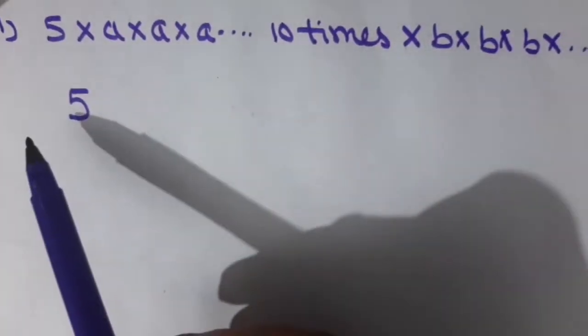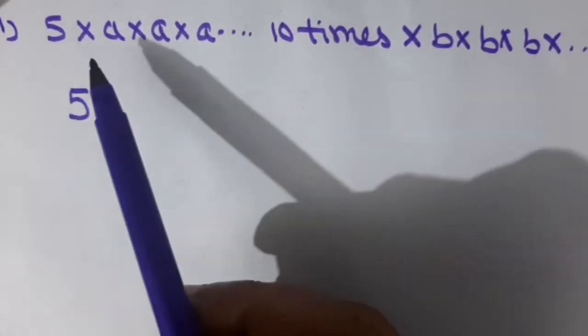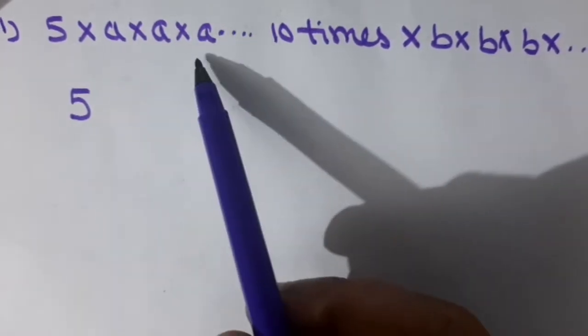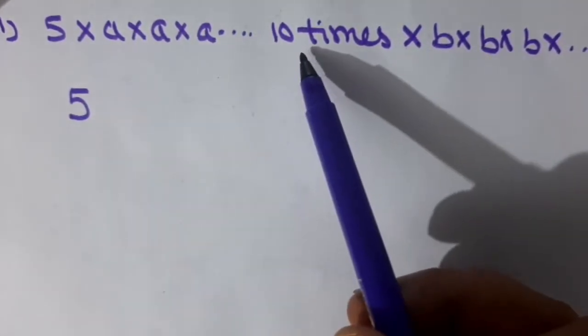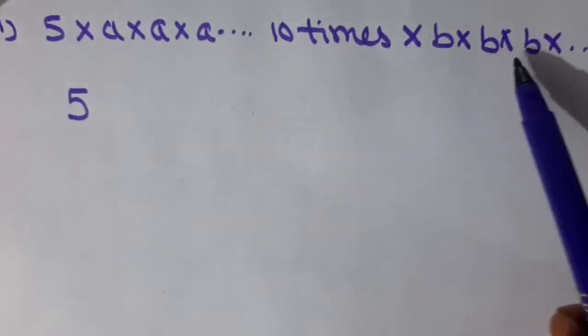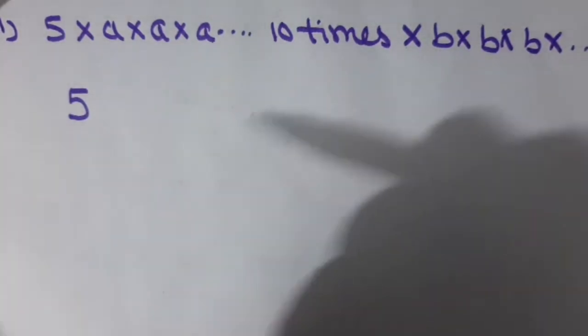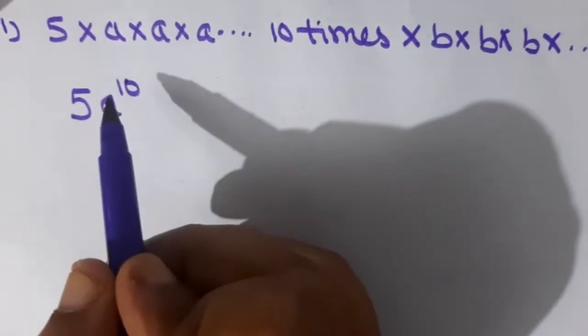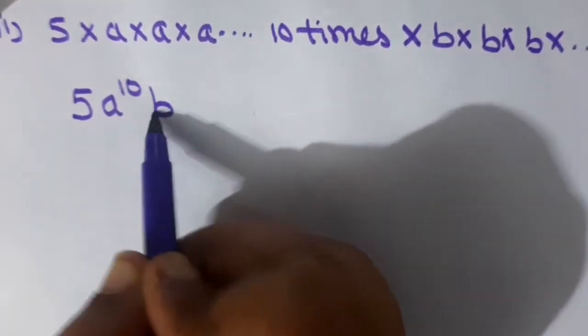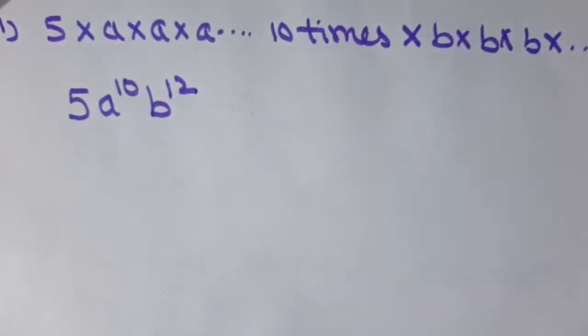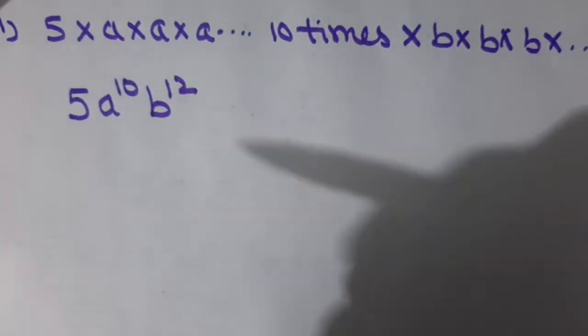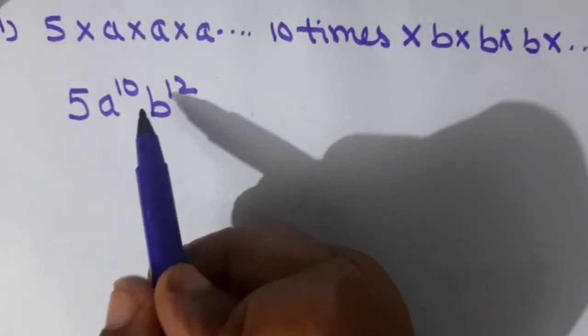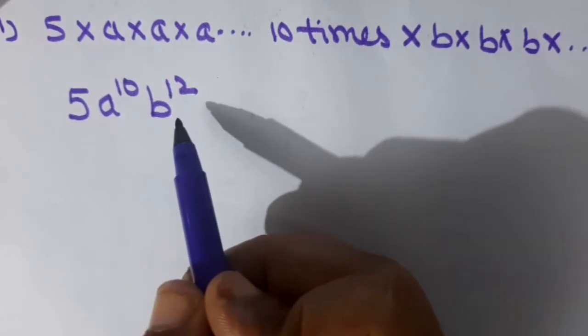I'll do 7th part now. Here 5 into A into A into A, it is 10 times, and then B into B into B, it is 12 times. So I'll write it as 5 into A raised to power 10. Power is 10, or exponent you can say is 10, and then B power is 12. So answer is 5 A raised to power 10 B raised to power 12.